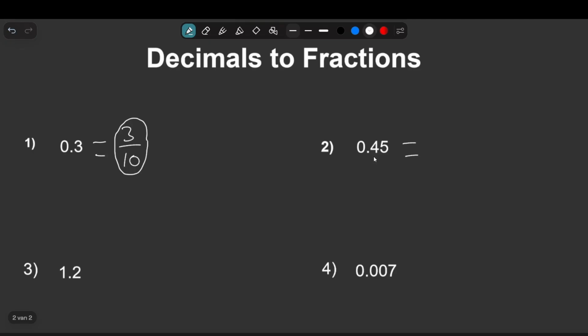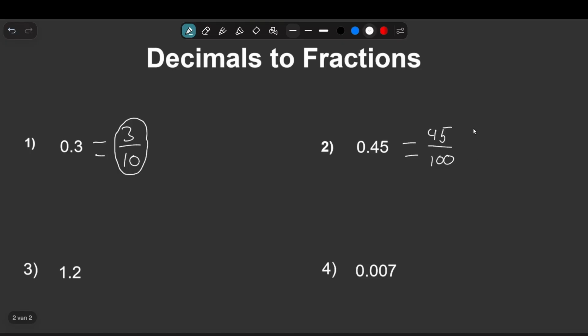This time the decimal is in the hundredths place. So that is going to be our denominator, like this. And our numerator will be the digit or digits to the right of the decimal. So we're going to get 45 hundredths.